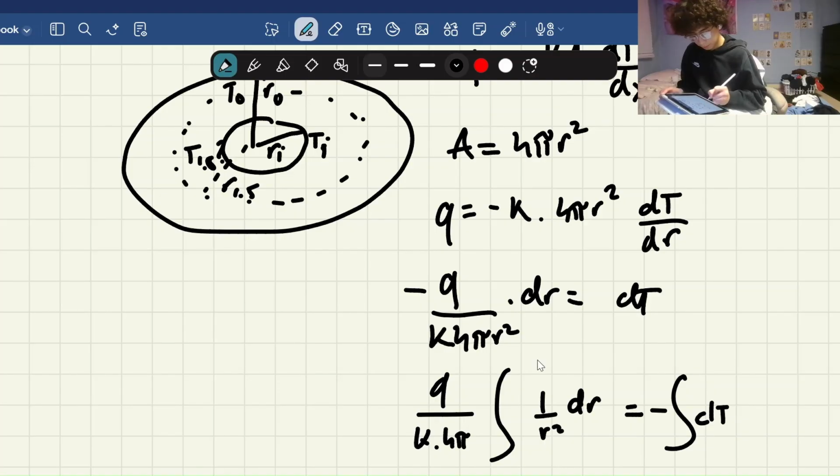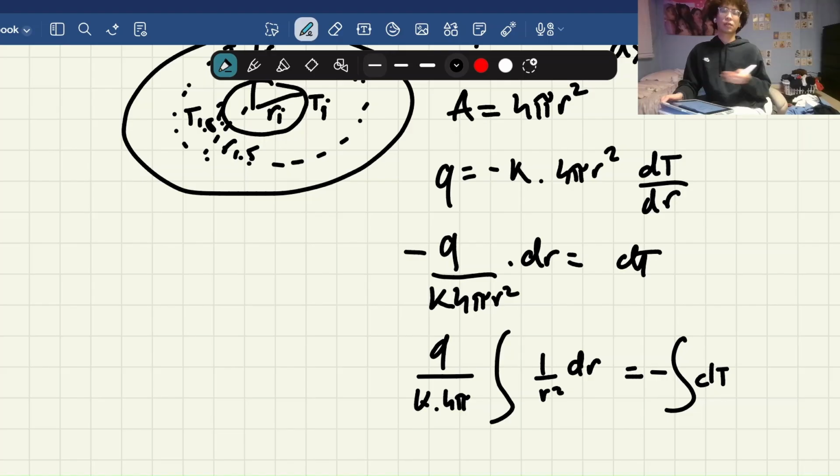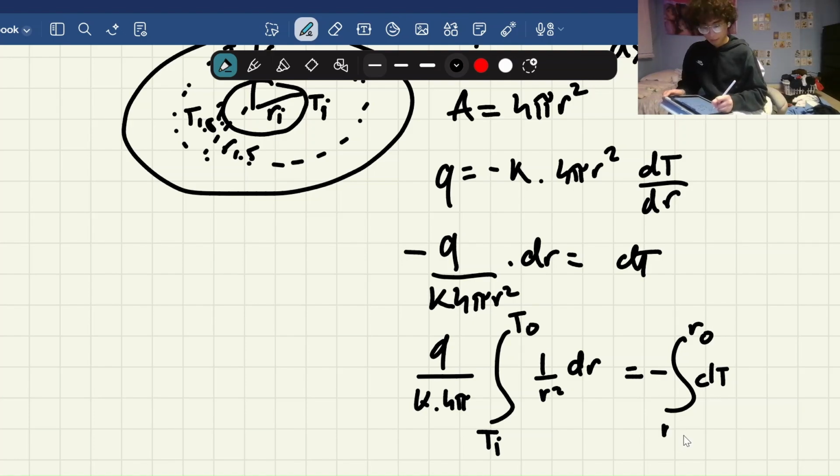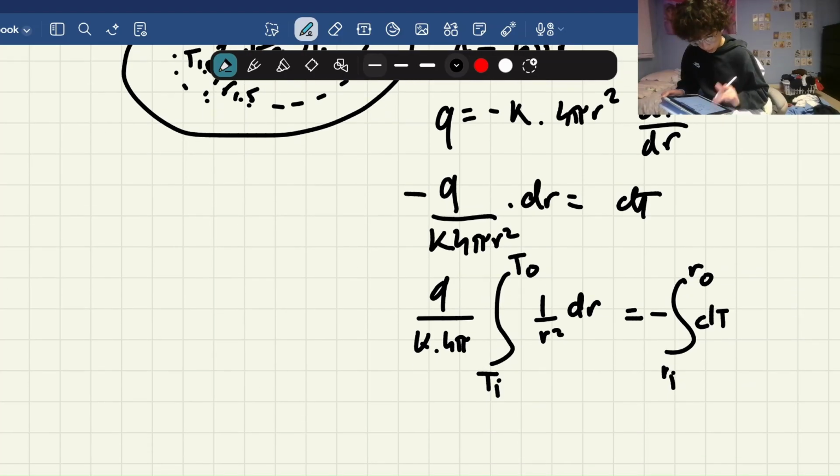And then we can have boundaries for this integral. Since we are traveling from the inner radius to the outer radius, it's gonna be Ti at the bottom and To at the top, and same for radius, Ro and Ri. And then we're just gonna substitute a value in and solve it.